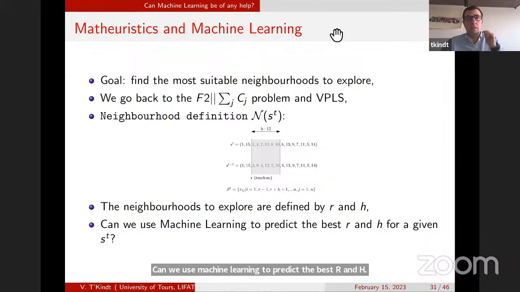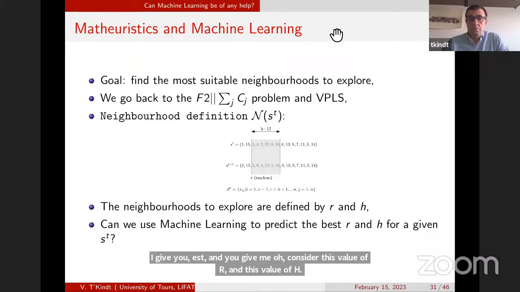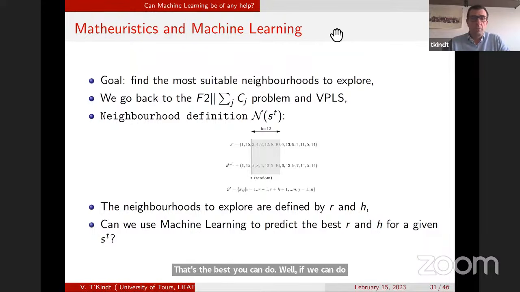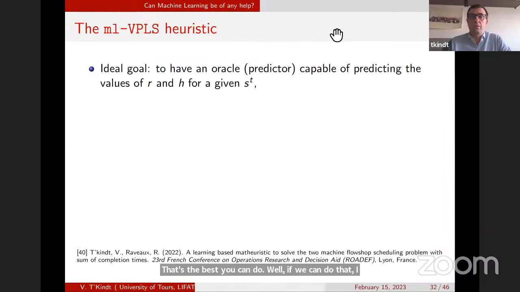You know, I give you ST and you give me, oh, consider this value of R and this value of H. That's the best you can do. Well, if we can do that, I think everybody will be happy. So that's the ideal goal, having such a predictor capable of predicting R and H when the predictor knows ST.